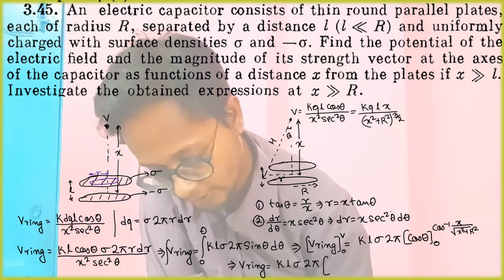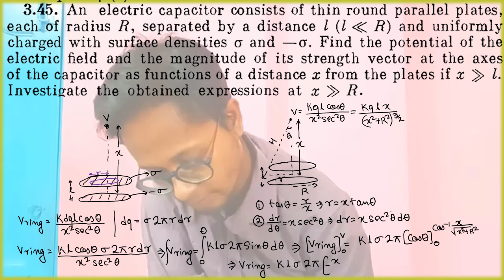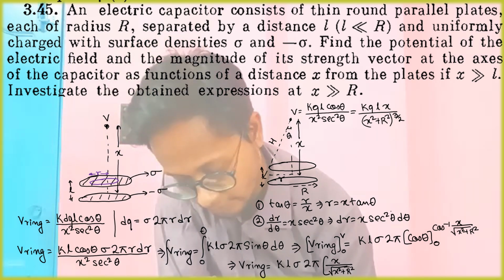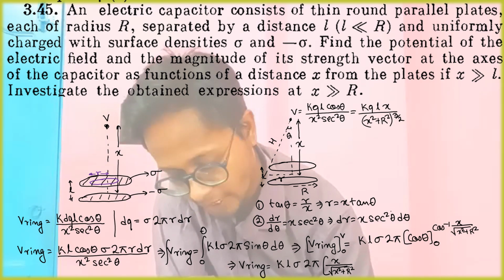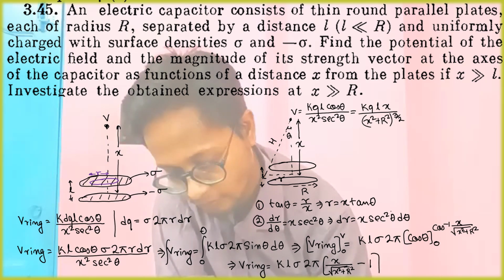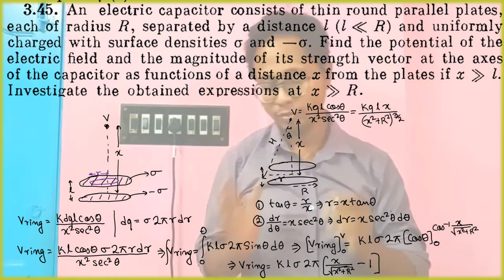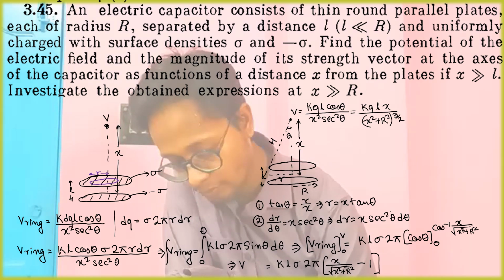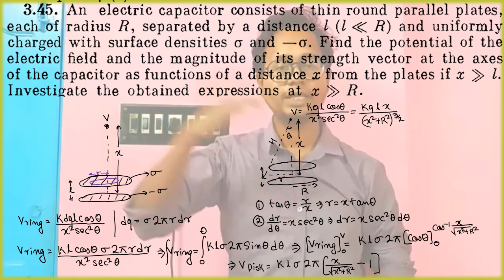The value of cos theta is nothing but x by under root of x square plus r square, and the value at 0, cos 0 is nothing but 1. So minus of cos 0, or minus of 1. Understood this one? So this is the potential of the pair of disks, positively charged and negatively charged.